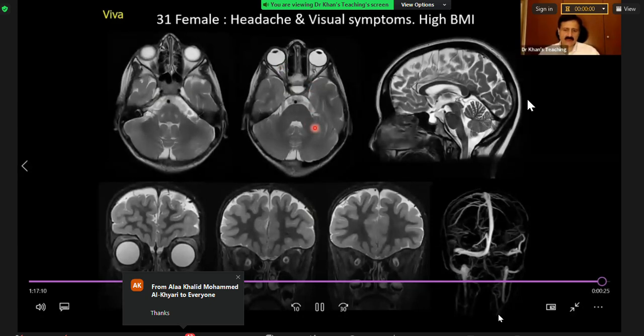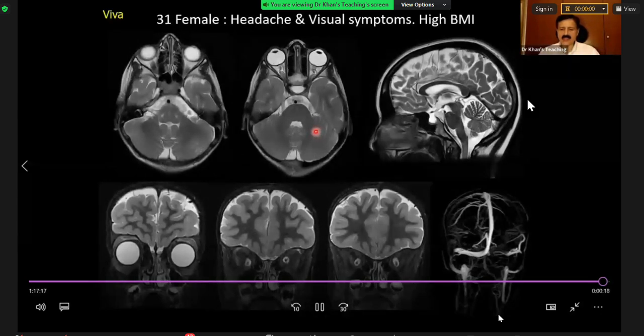So these are the key findings. With that, go for MRV. On MRV, what can happen is that there can be attenuation of the venous sinuses. It's not thrombosis, it's attenuation. So at times they do interventional radiology, stenting, etc. of the sinuses to treat this condition, which can be quite significant.